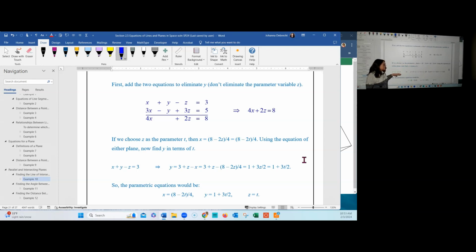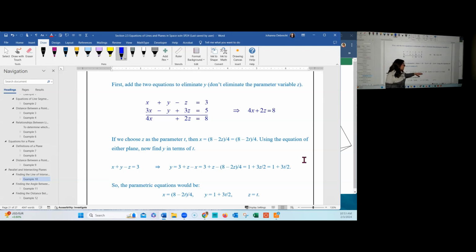Now, coming back to the original equation, I'm going to solve it for y. I also have to represent y in terms of z, since z is going to be my parameter. I already have x in terms of z, which is this expression right here, the quantity 8 minus 2z divided by 4. So I solve one of the planes for the variable y, whichever one is easier, and then I replace the variable x with what it is in terms of z.